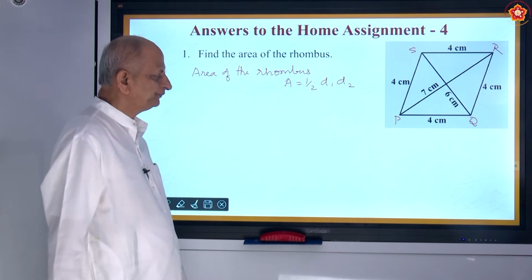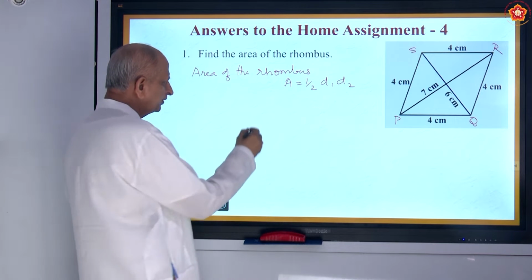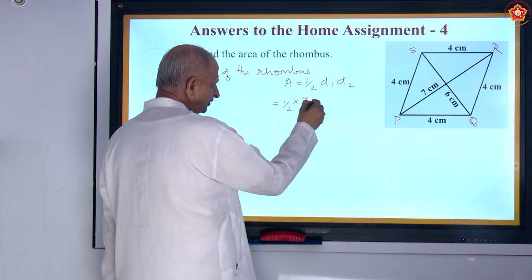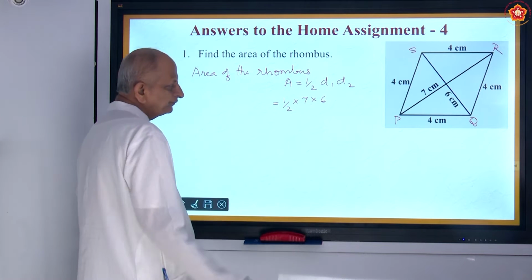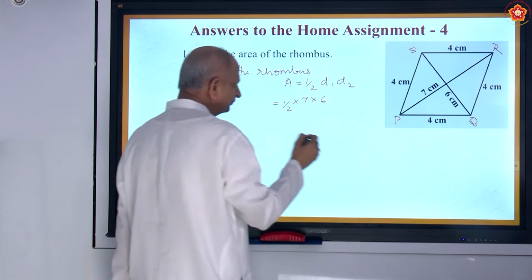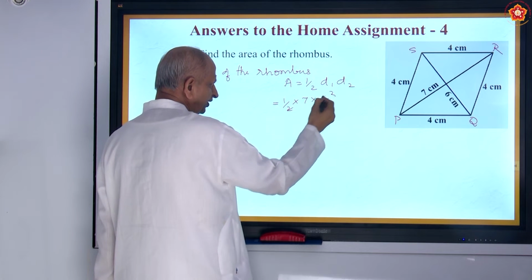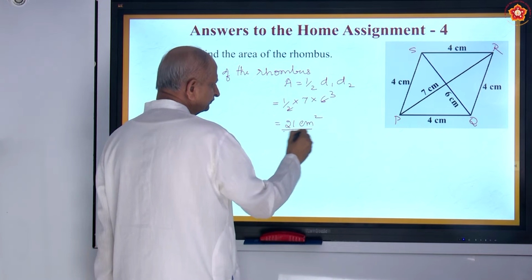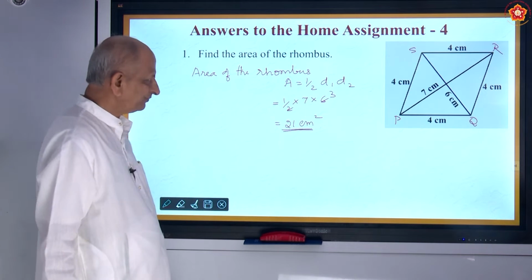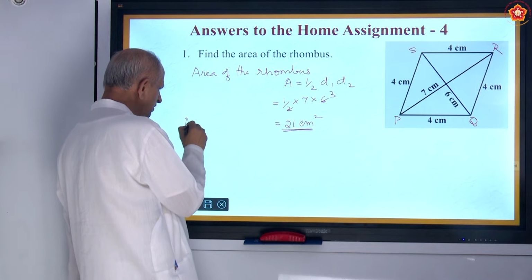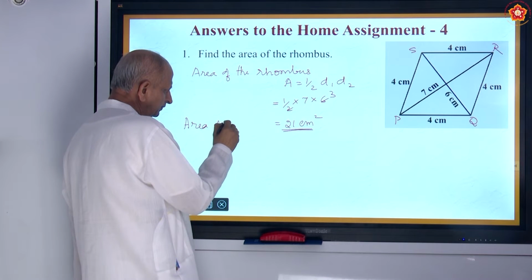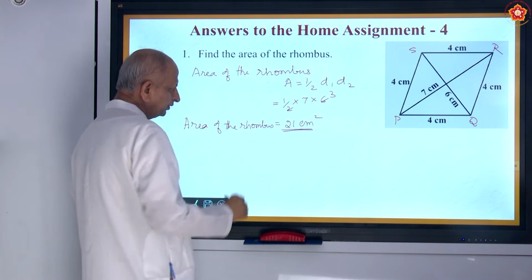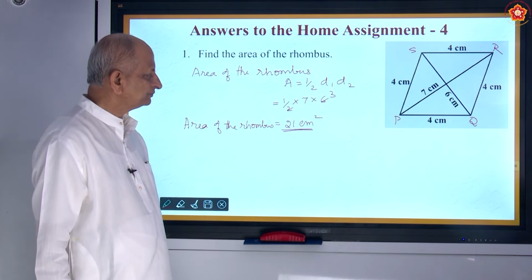What are D1, D2? They are diagonals. So that is half of D1 is 7, D2 is 6. Here these are the diagonals given. So 2 1s are 2, 3 7s are 21 centimeter square. So area of the rhombus is equal to 21 square centimeters.